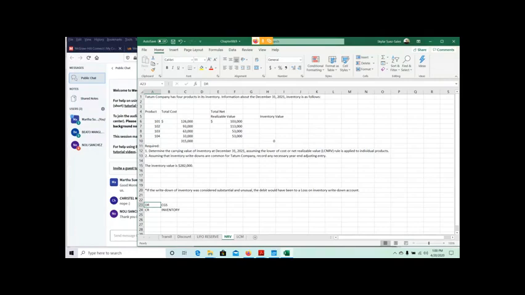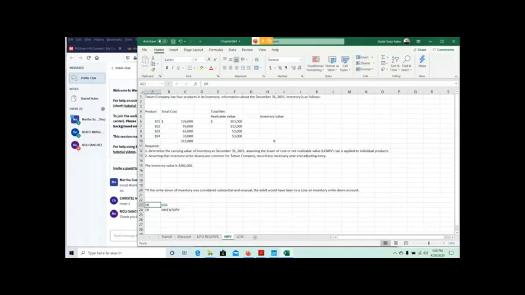It hasn't changed, because remember, we were looking at chapter 2. We were looking at the accounting assumptions and principles of the financial statements. We mentioned conservatism. Basically, we don't want to overstate our balance sheet. Okay, so we're being conservative.